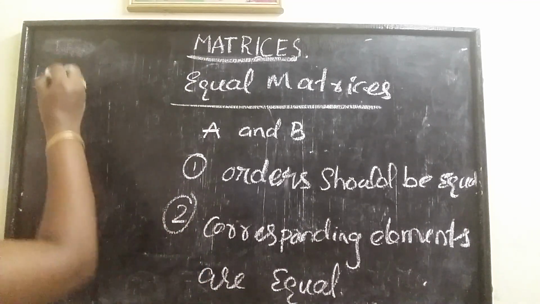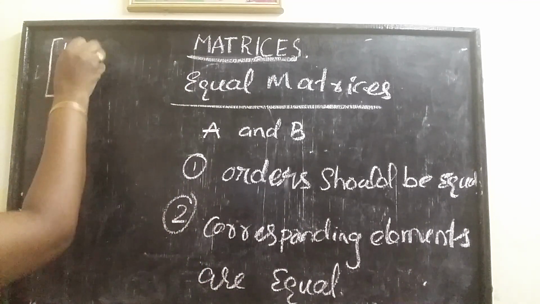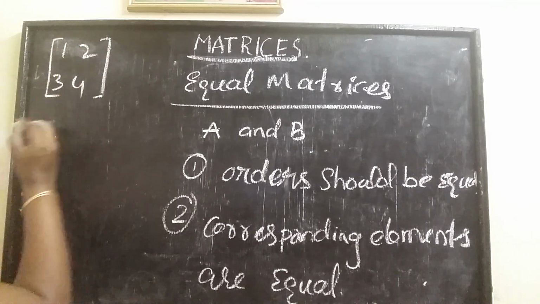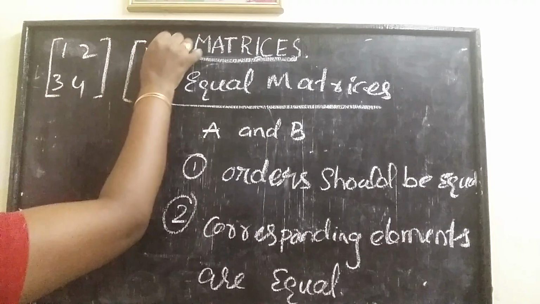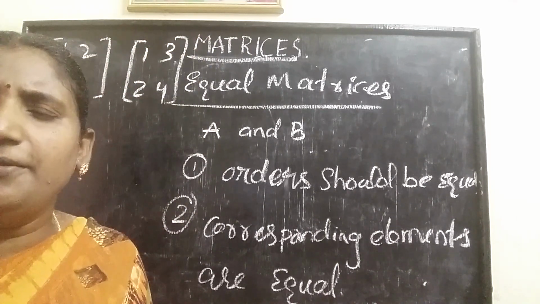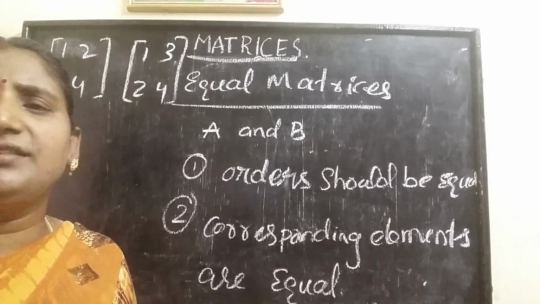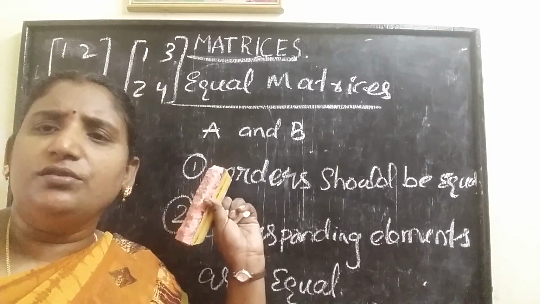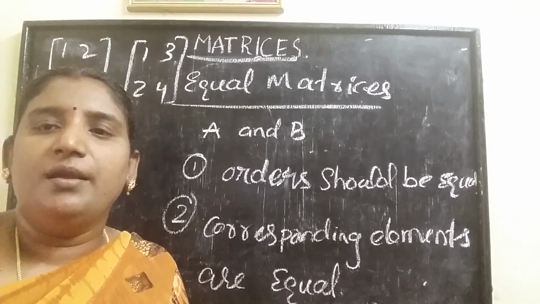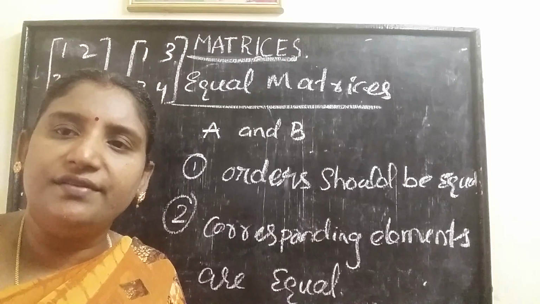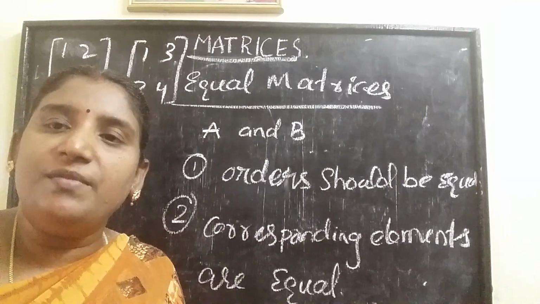Take an example: A is 1, 2, 3, 4 and B matrix is 1, 3, 2, 4. Are these equal? No. They contain the same type of entries, 1, 2, 3, 4, but these two matrices are not equal. Why? Their corresponding elements are not equal.